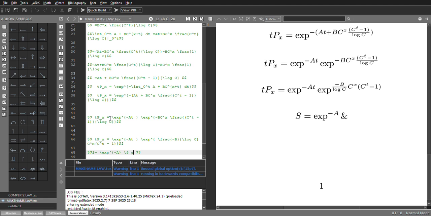And the g is always equivalent to, from the Gompertz law, exponential negative b all over log c. So exponential negative b all over log c is here. Let's copy it.